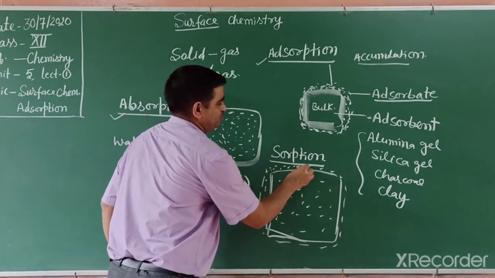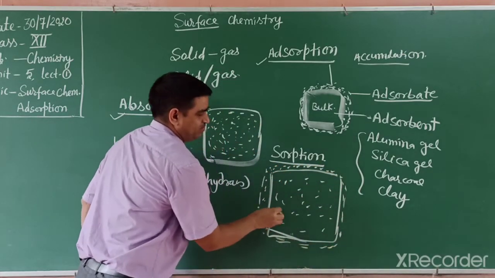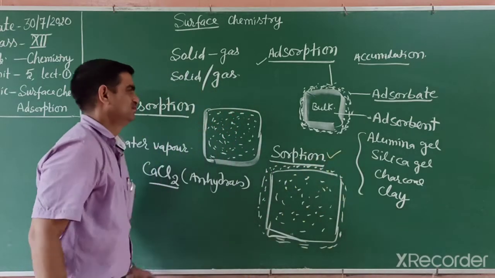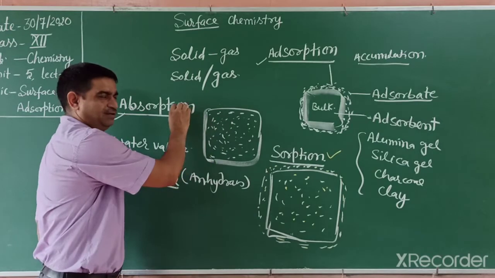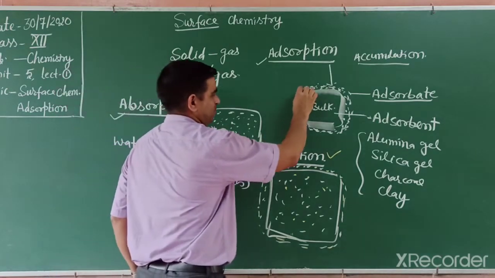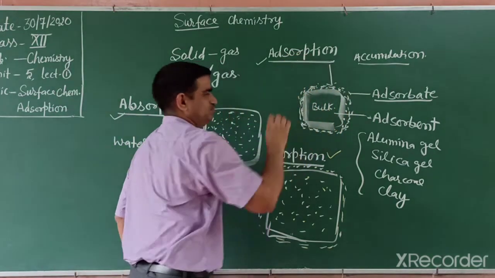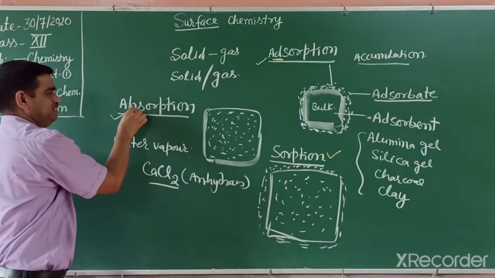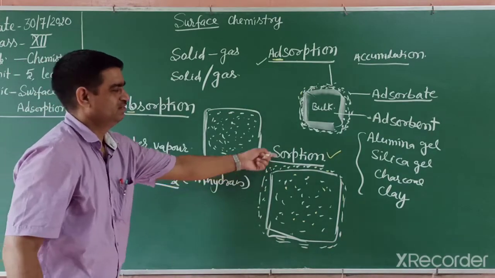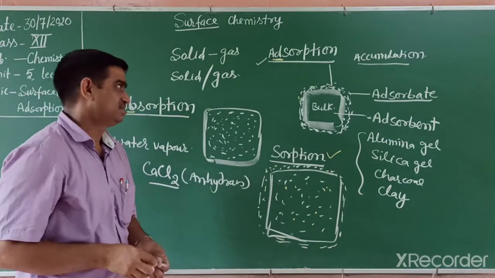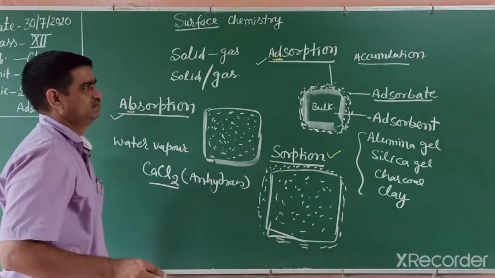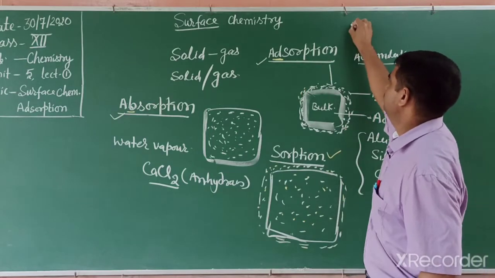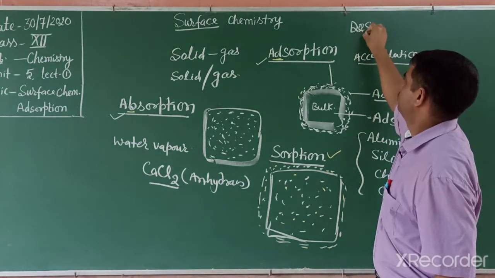The molecules occupy the surface as well as the bulk, that is sorption. If inside only, that is absorption, but only on the surface, that is adsorption. Only a simple difference: there is D and there is B. Absorption, and sorption is equal distribution. The other term we use is desorption.